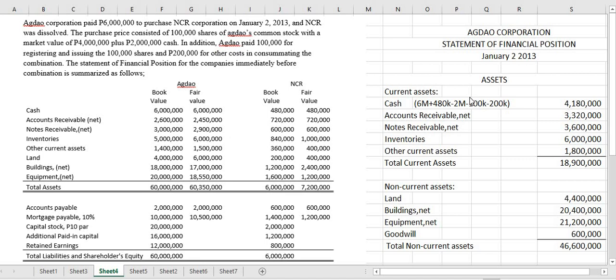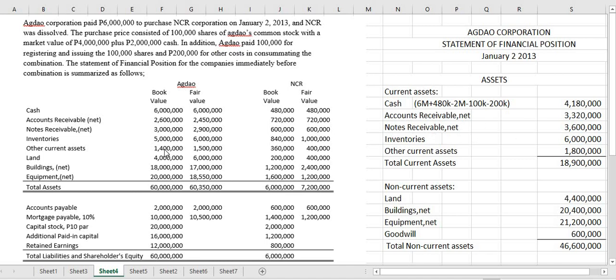We have 4,180,000. Okay. So our AR, book value 2.6 million and fair value of NCR 720,000. That's 3,320,000. Again, for notes receivable, that's 3 million for Agdao and 600,000 for NCR, that's 3.6 million.